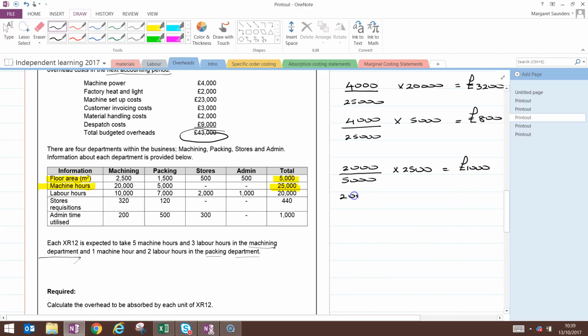We're going to do the calculation again and multiply it by 1,500, which is the packing department figure. Repeat it again for stores.